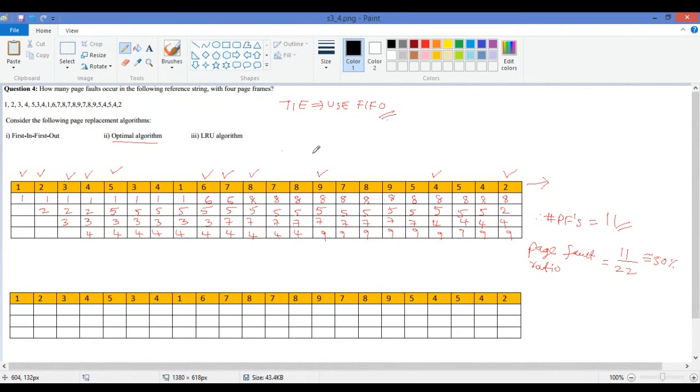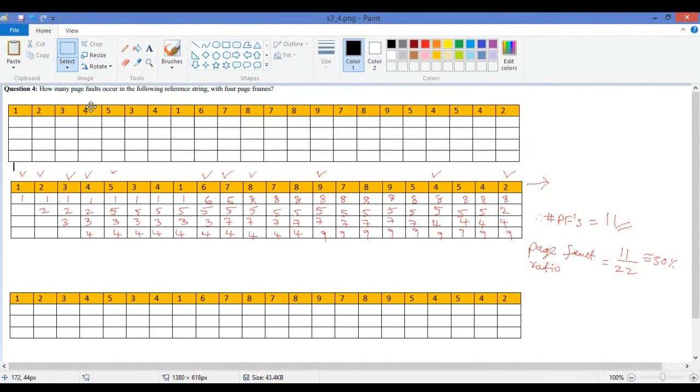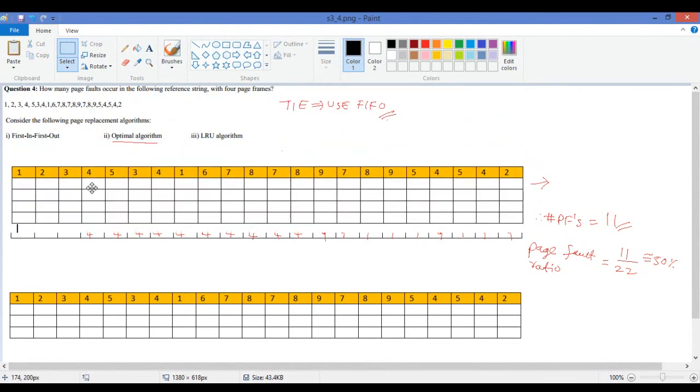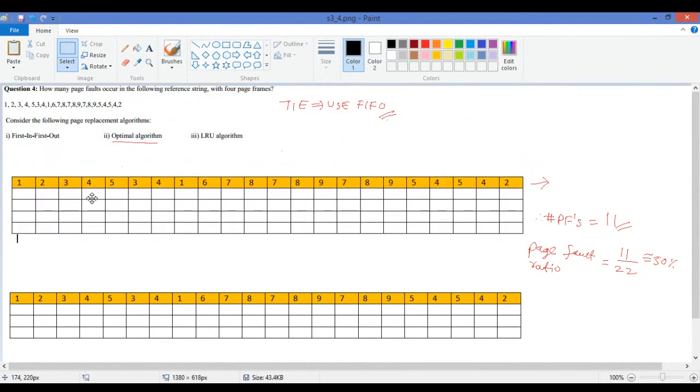So Control V, just put it here. Okay. So we have to find out the page faults and also the page fault ratio. Okay.